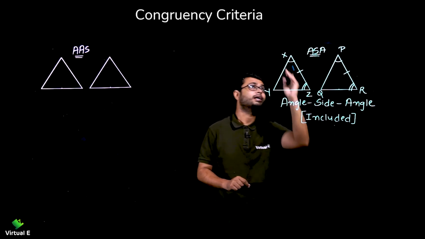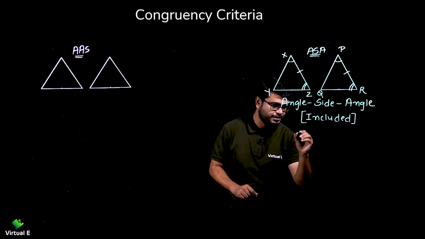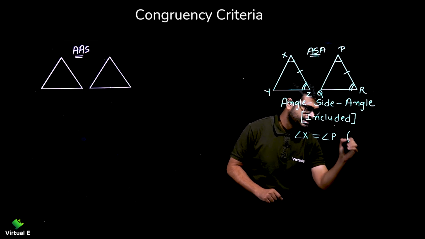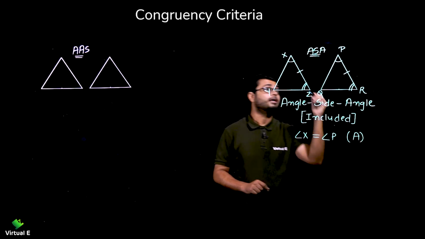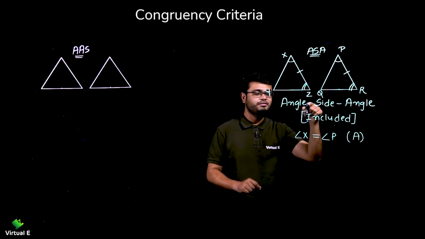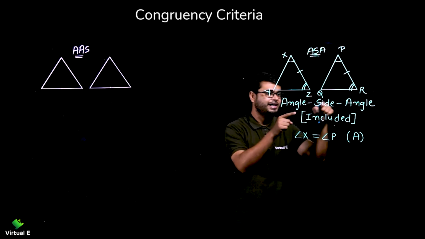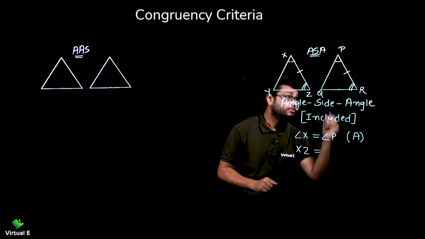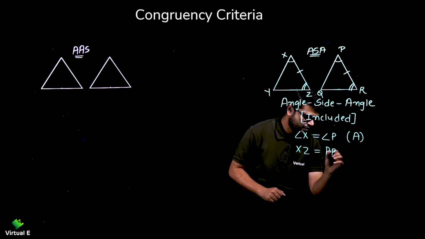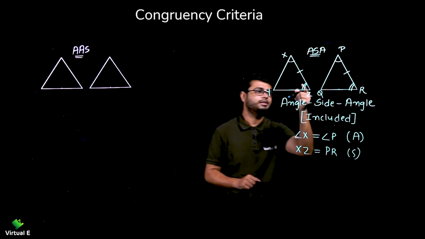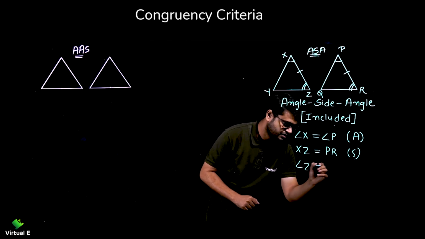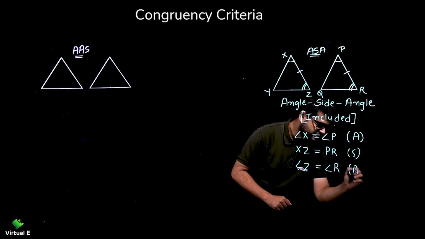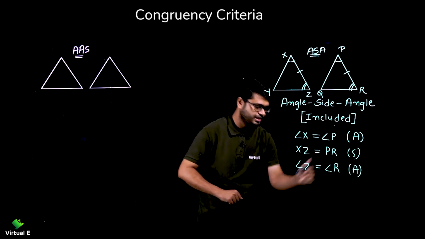So let's mention that angle X is equal to angle P, that is angle, right? Another, let's write, always try to write in the order ASA, then side XZ is equal to PR, that is side, then angle Z is equal to angle R, so that is angle. So ASA.